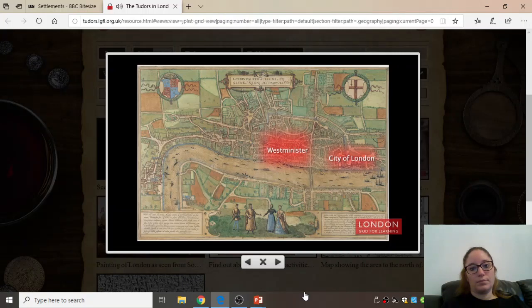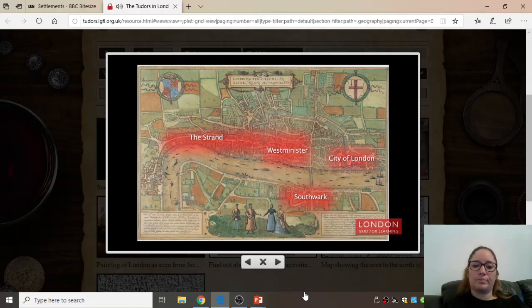And Westminster and the City of London were connected by the Strand, which was lined with beautiful palaces with gardens going down to the river. And then the third area of London was Southwark, on the south side of the river. And this was an area with a lot of taverns and inns, and it was also the place where they had the buildings where you could watch bear baiting.